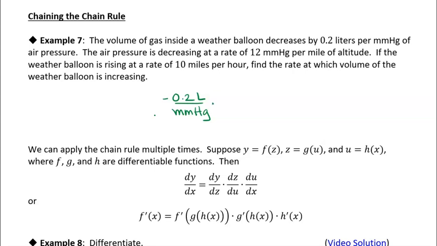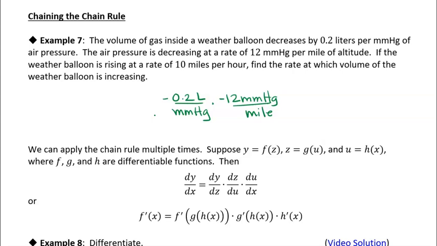Now, the air pressure is decreasing at a rate of 12 millimeters of mercury per mile of altitude, right? Again, it's negative because as the altitude increases, the air pressure decreases.